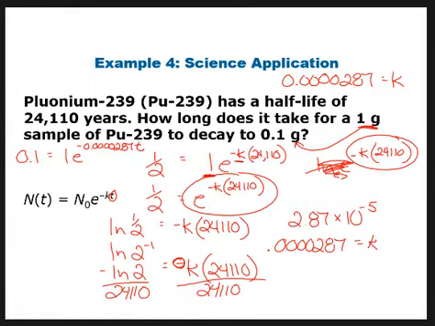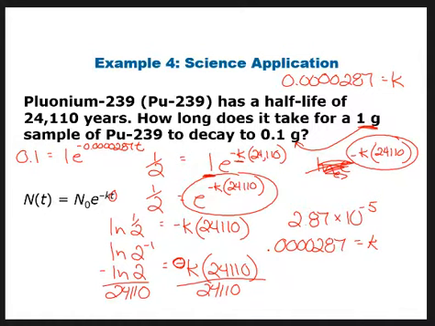So basically what I'm at right here is the same idea that I just did before. I'm going to take the natural log of both sides and essentially divide by the negative 0.0000287 to figure out what T is going to be. Now again, it's kind of a two-part process.